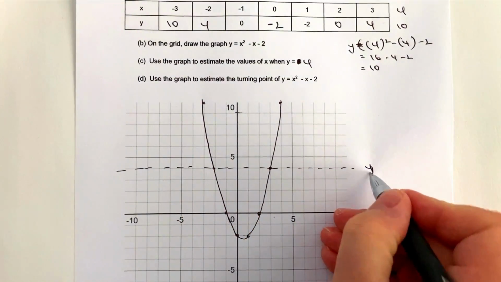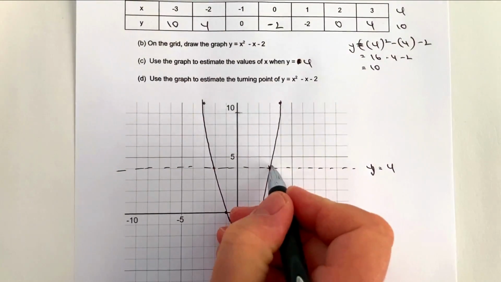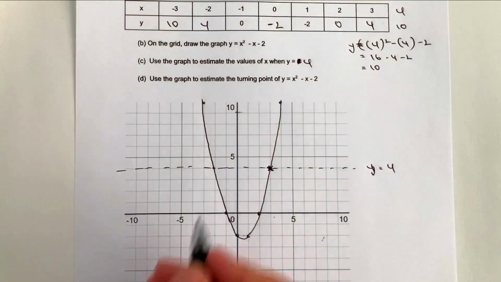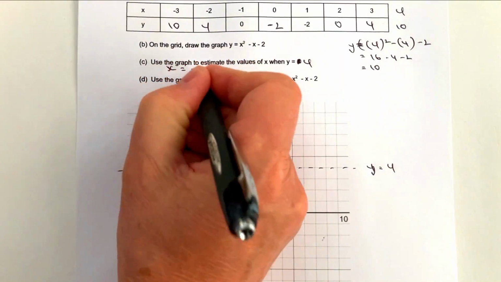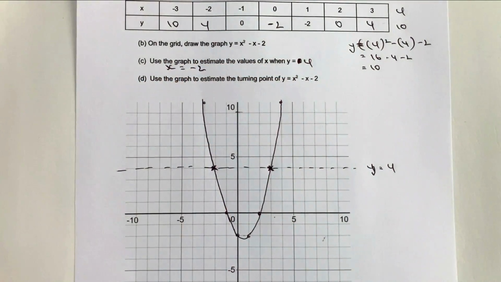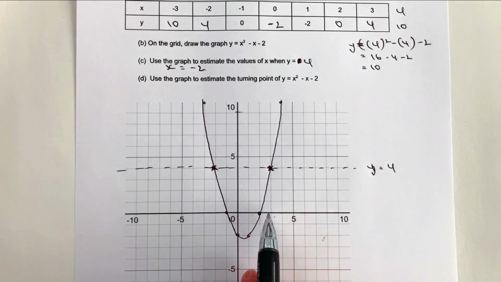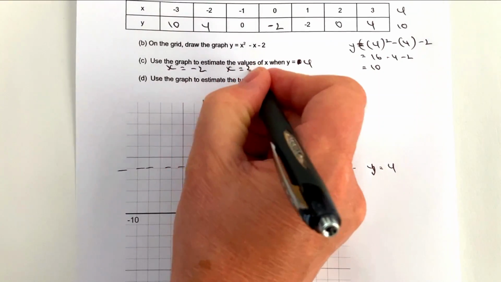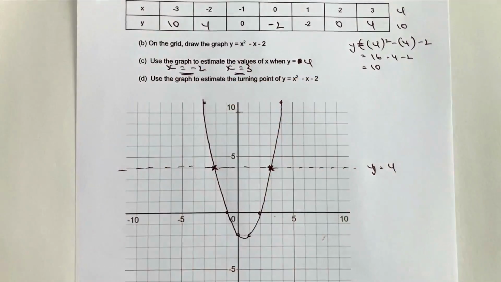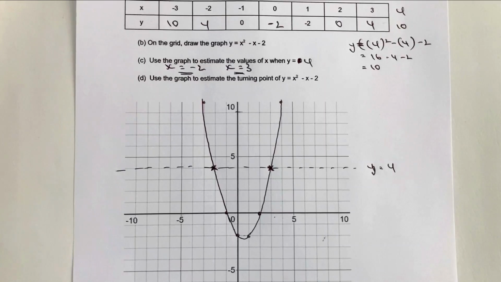And then all we do is take these two values where the line crosses. The value of x is going to be minus 2, so x equals minus 2, and the value of x when it crosses on the other side is 3. Appreciate that's not come across particularly well on the screen, but hopefully you'll get some idea. It's a bit difficult to squeeze this in, I'm afraid.